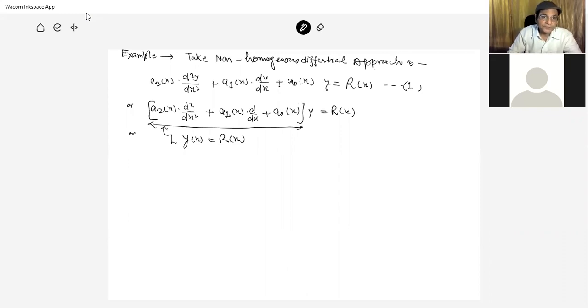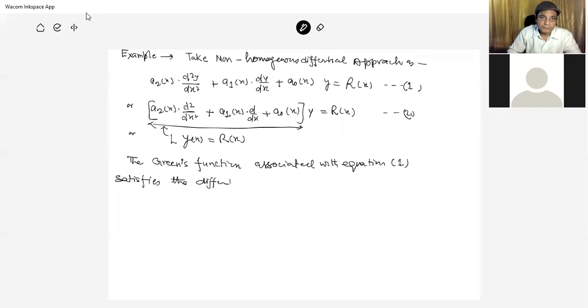So the Green's function associated with equation 1, this is equation 1, here it is equation 2, satisfies the differential equation as L operator G(x,a) is equal to delta(x minus a).